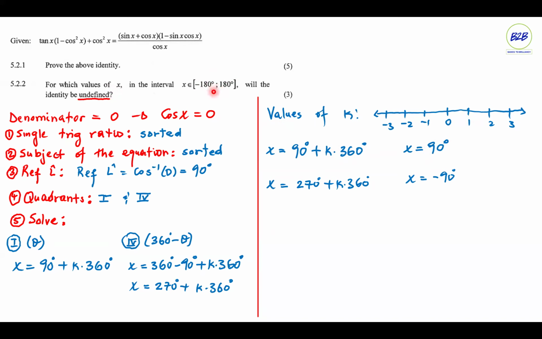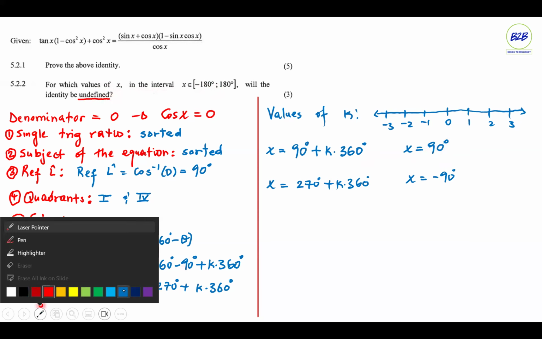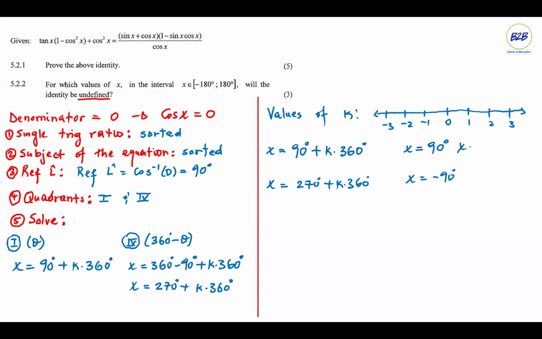The answer is no. So that means x equal to 270 degrees is not an answer for this question. So we are not going to write it down, because this value is not within that given interval.